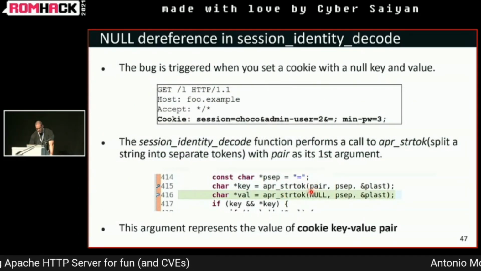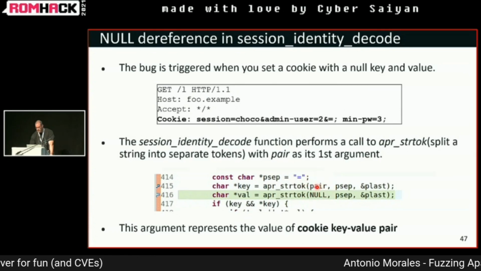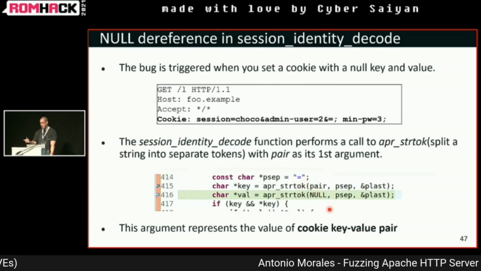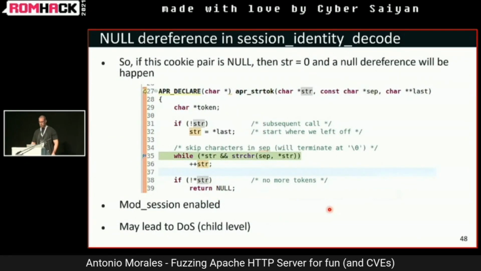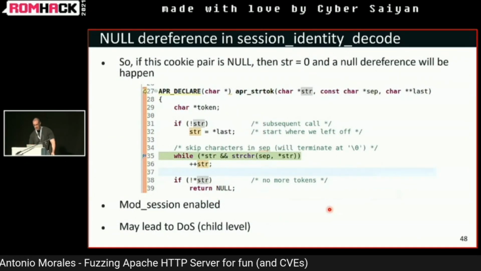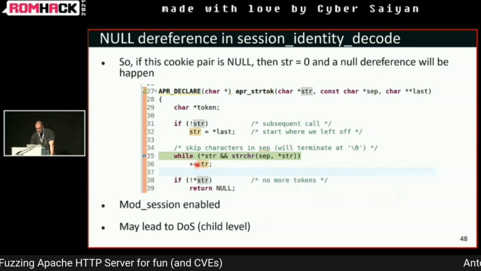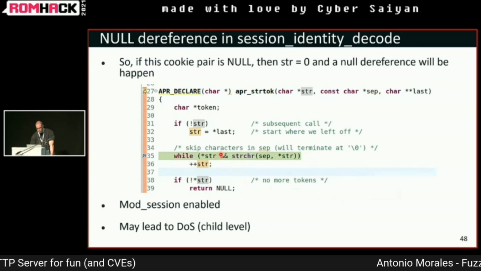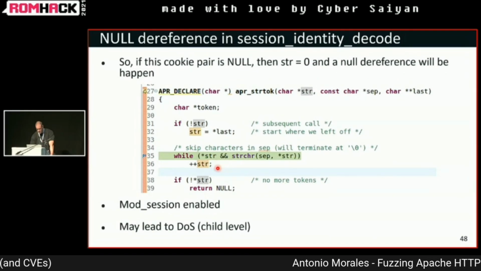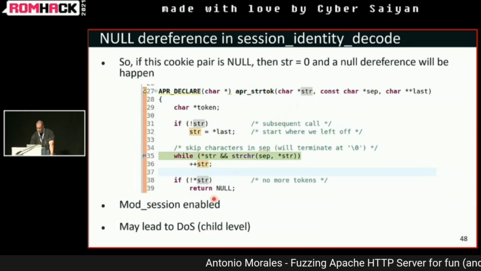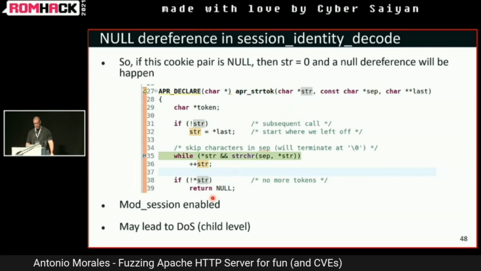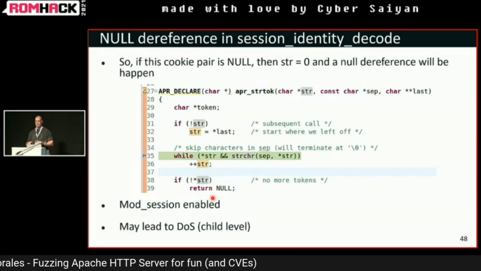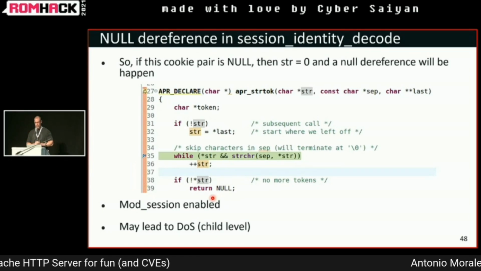Just look here that we have the pair string, but the second can be null if the key was previously nulled too. So you can see in this line how the while loop tries to dereference the first argument, the string argument. In that case, it will lead to a null dereference, obviously.